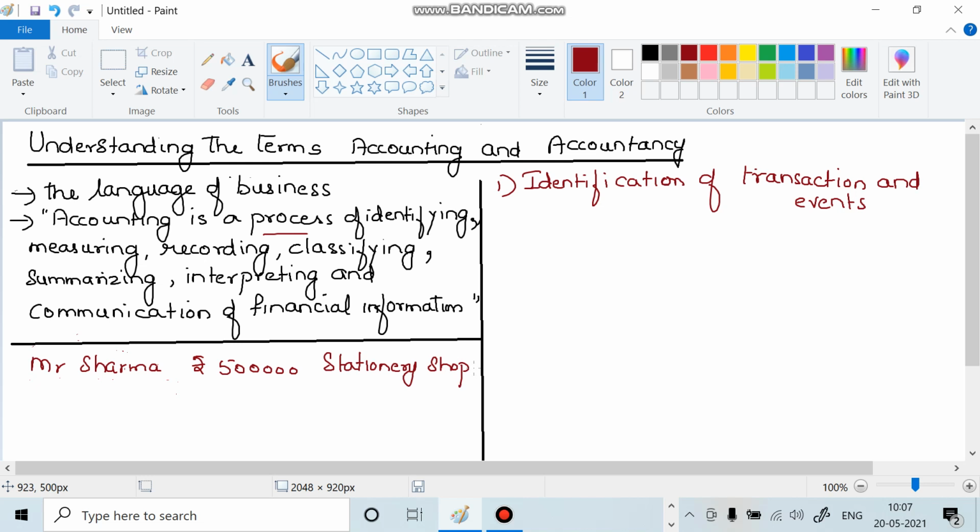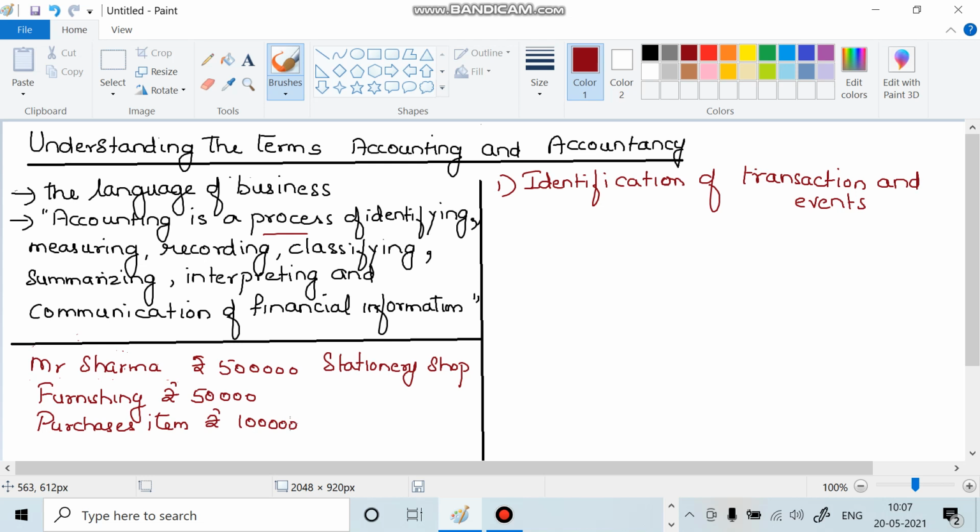So he has started his business by investing 5 lakh rupees, and then he spends, say, 50,000 rupees on furnishing that shop, and he purchases items worth say 1 lakh rupees, which he would keep in the stationery shop, add a profit margin and sell to customers. So that is his business.